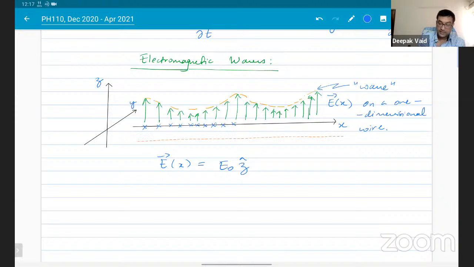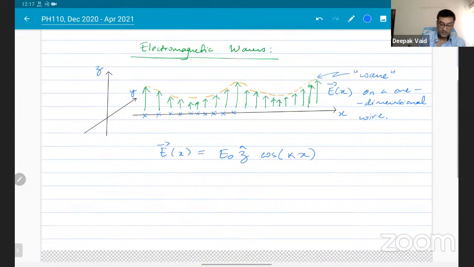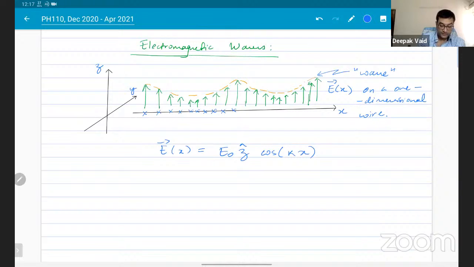Now, as I move along the x-axis, what happens? The vector becomes larger and smaller. So what should I do? I can write it like this: cosine of some constant times k x. So if I say that this point is x equal to 0, as I go from left to right, to positive x or negative x, what happens to the electric field?